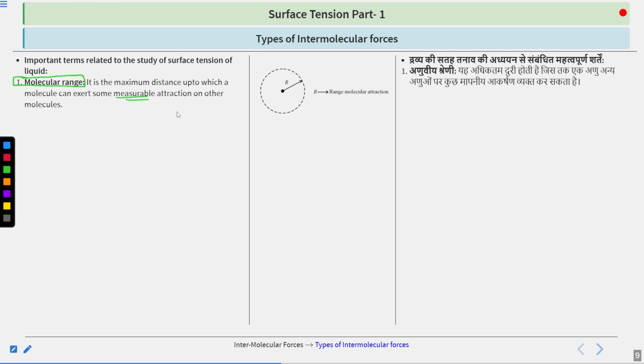If the molecule is not in that range, then the molecular attraction will not be as intense as if it were here. All right, that is the molecular range, the maximum distance up to which a molecule could exert some measurable attraction on other molecules. It is different for different substances.